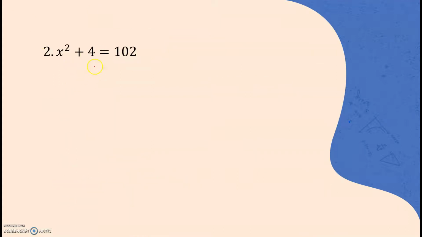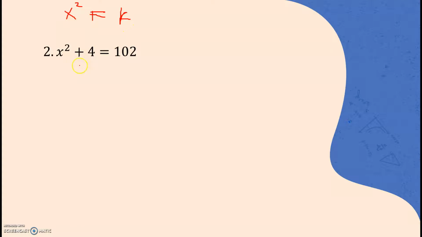x squared plus 4 equal to 102. Again, it's not yet in the form x squared equal to k, so we have to do something so that it becomes this form.